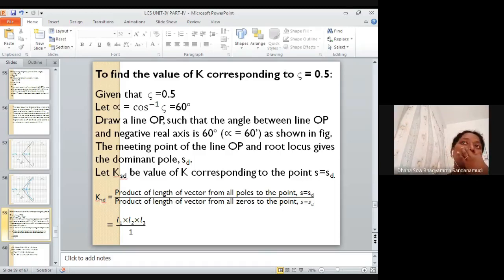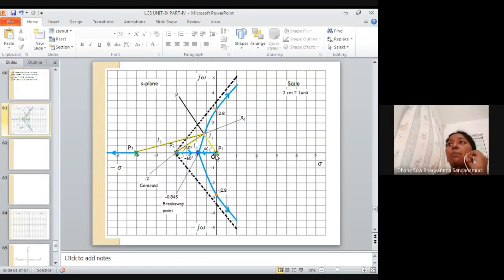So KSD, you know this gain value formula: the product of lengths of the vectors from all the poles to the point s equal to SD, divided by the product of lengths of vectors from all zeros to the point s equal to SD. The lengths from the poles to this point you have to measure using your scale.